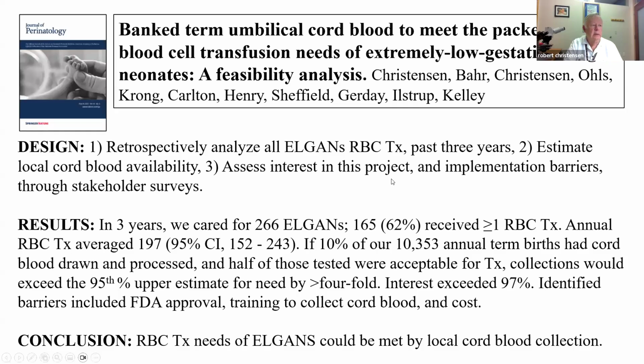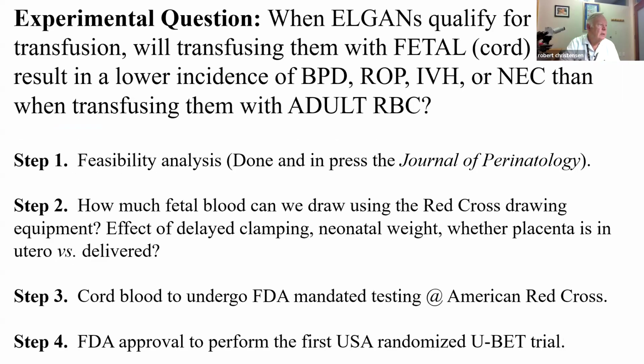We assessed the interest in the product, and we assessed implementation barriers through stakeholder surveys, and found that basically the bottom line is that if we could successfully draw blood, even 50 milliliters as a minimum, of otherwise discarded blood from only 10% of our term healthy deliveries, we would have 4 times more blood than we need to supply the transfusion needs of all of our ELGANs in all of our Intermountain Healthcare hospitals. So that study is done and it's out in the Journal of Perinatology.